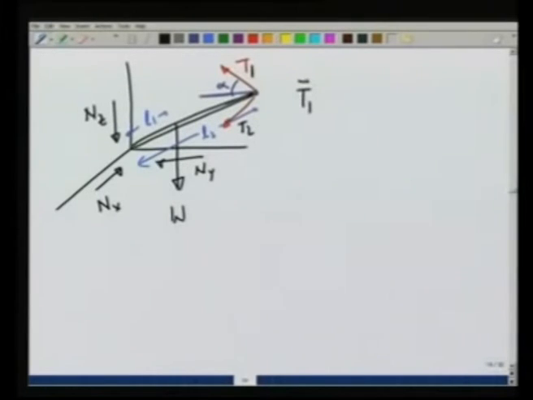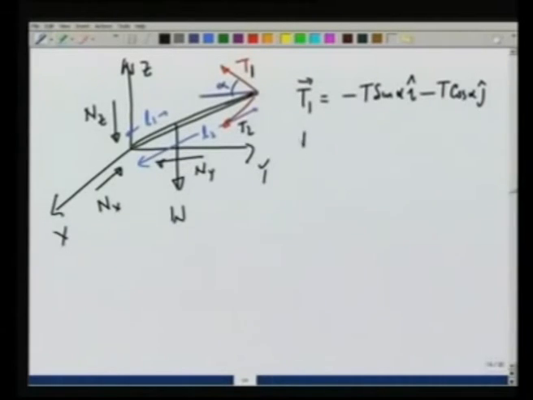T1 vector is nothing but minus T sine alpha i minus T cosine of alpha j, because the tension T1 has component in negative x direction and negative y direction.